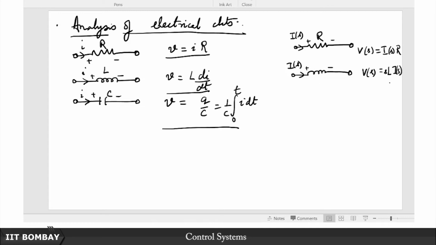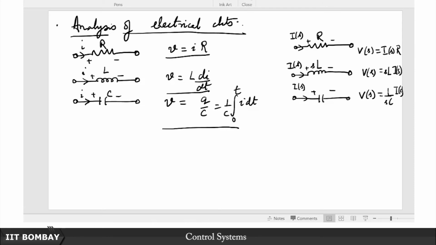So what this essentially turns out is that if you look at it in the impedance form, right, this is V, this is like the impedance. So you can replace this with sL, right. By the same token, for the capacitor, you have the current flowing through this circuit, right, and again you can check out the table of Laplace transforms that we had given earlier a few lectures back.